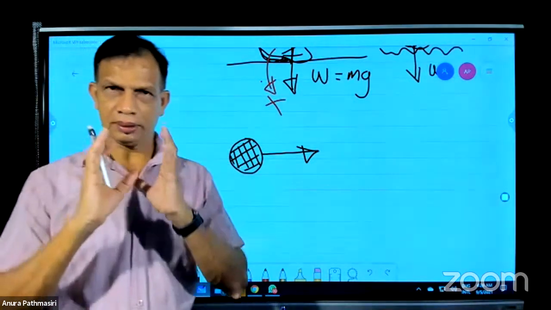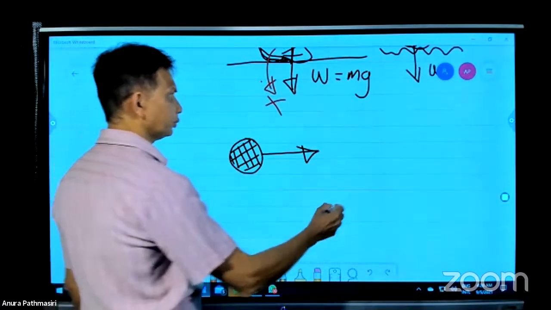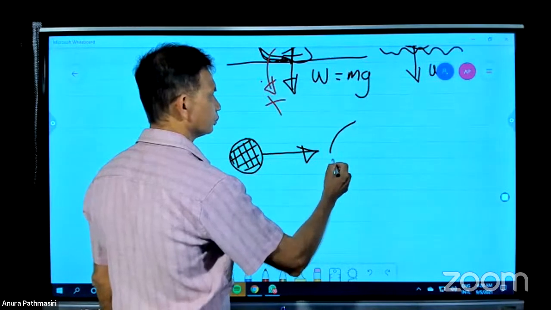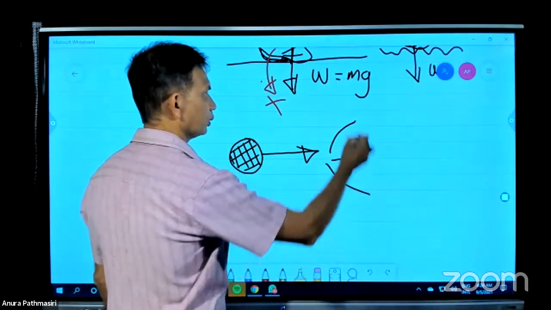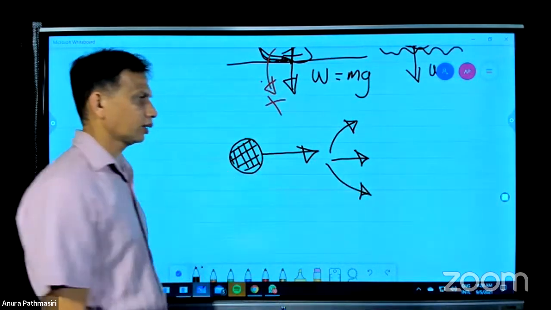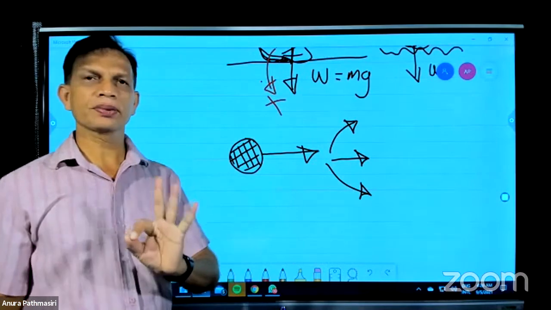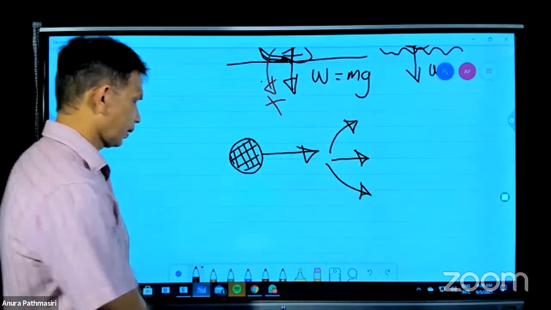When you think of an object and its motion, it can have three types of motion according to our grade 10 syllabus. It can have three types of motion.